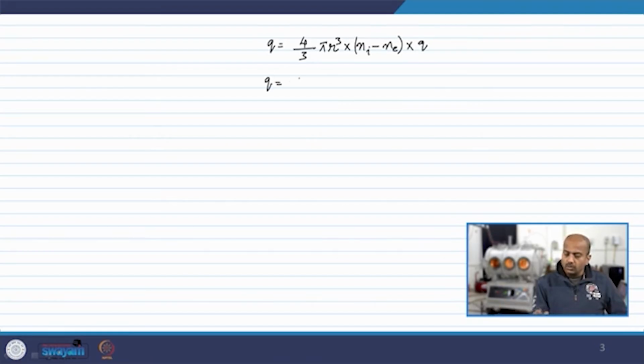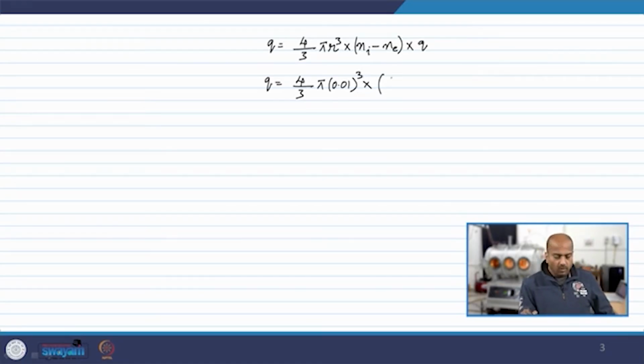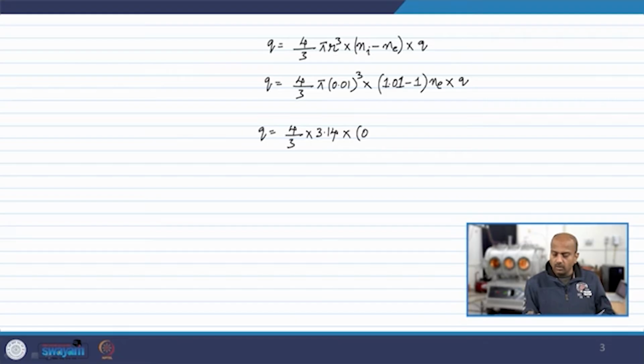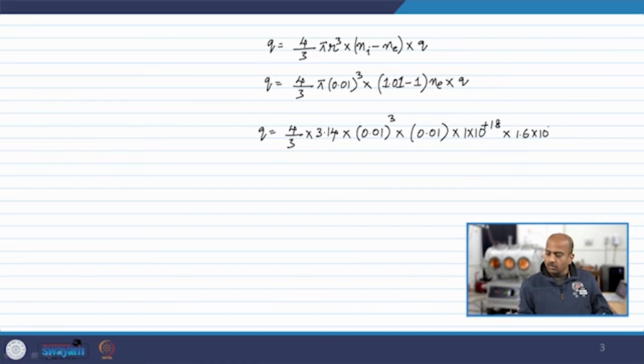So, Q is equal to 4 by 3, the radius of the sphere is 0.01 meter cube, Ni is 1.01 times Ne, 1.01 minus 1 times Ne times Q. So, Q becomes 4 by 3 into 3.14 into 0.01 cube into 0.01 into 1 into 10 to the power of plus 18, charge is 1.6 10 to the power of minus 19.